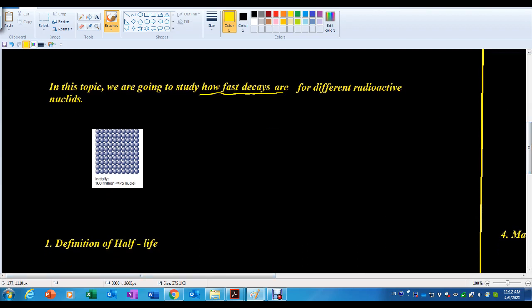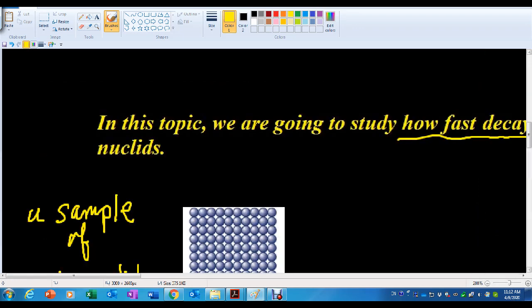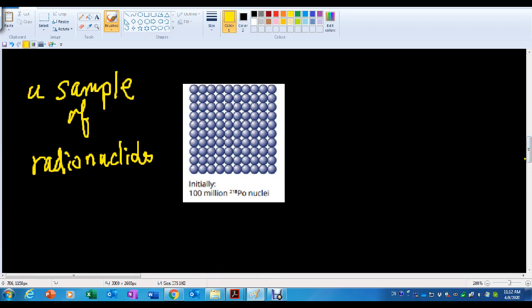The third thing is that we need to consider a sample of radionuclide. In practice, we can't deal with each individual radionuclide. We will have a mass of radionuclides, and they form a sample.